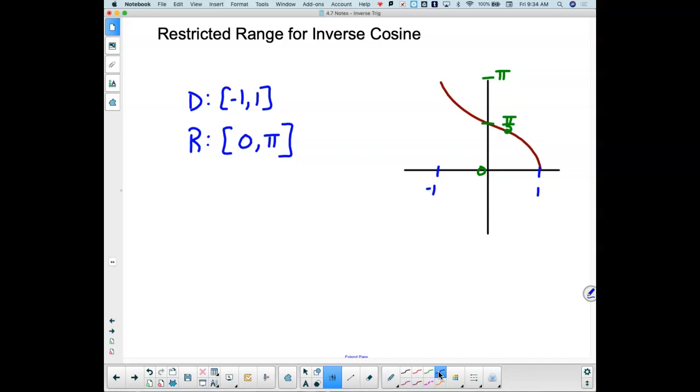Where on the unit circle are the angles 0 to pi? So top half? Yep. So we're looking here at just the top half of the unit circle.